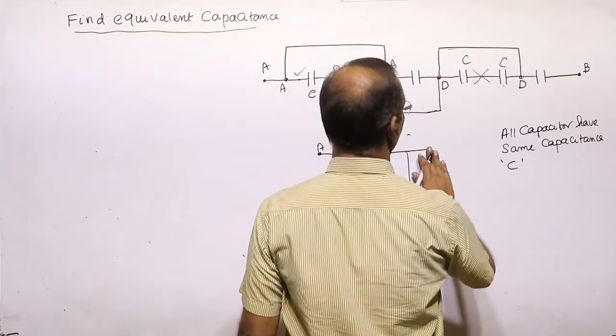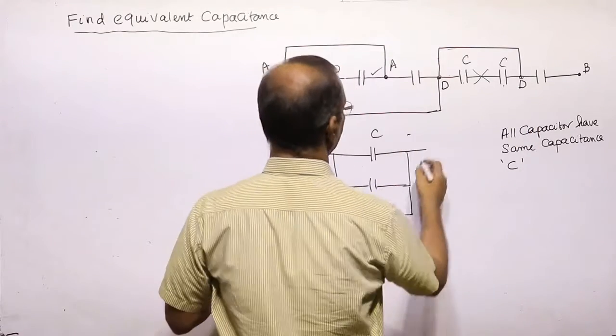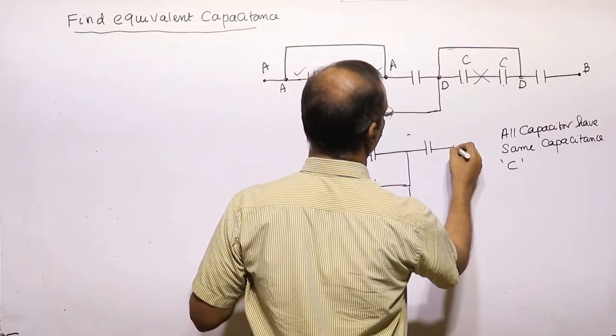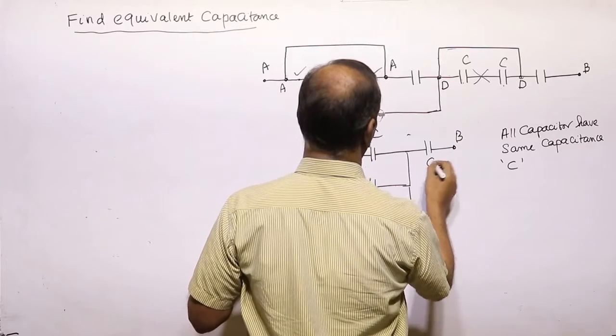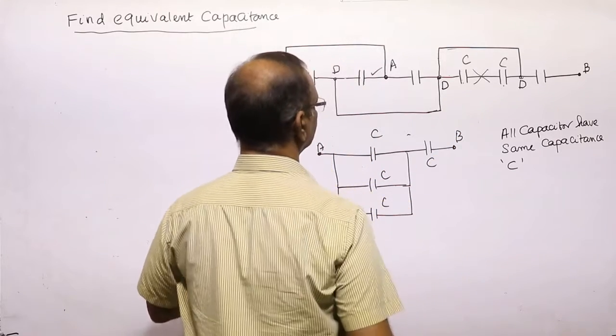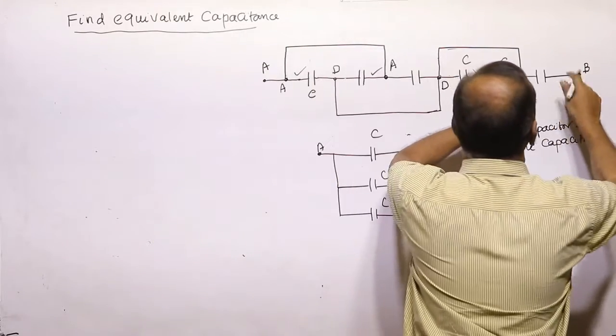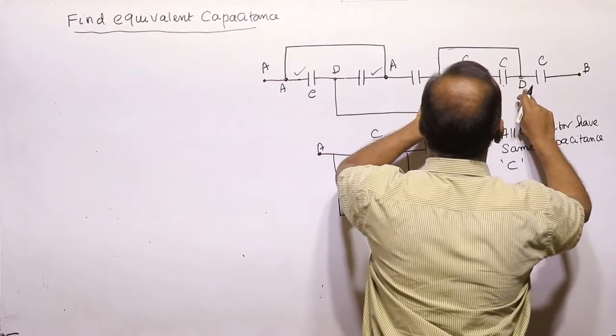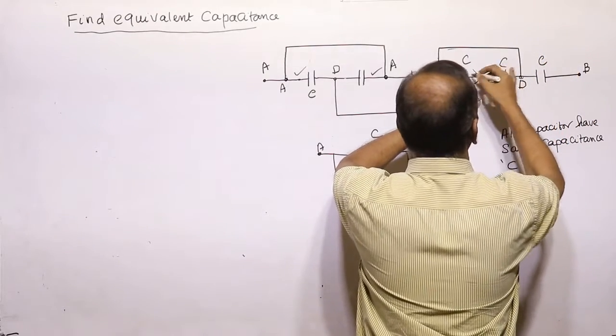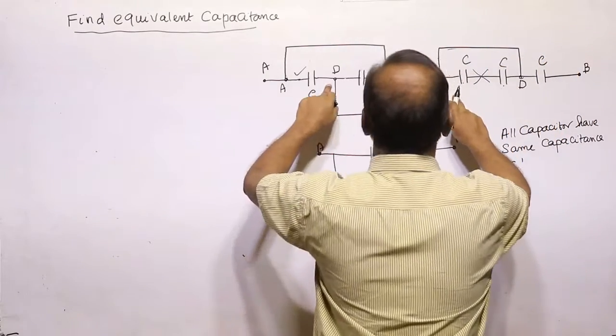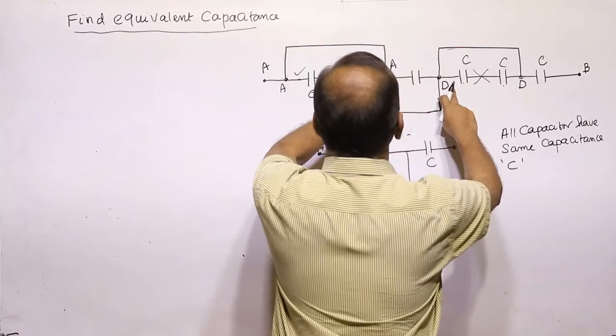From D to B, there is one more capacitor, that is B. All are having the value of C. Because between D to B there is a capacitor C. Between D to D, same potential, the capacitor has no value. Between A to D, one more.